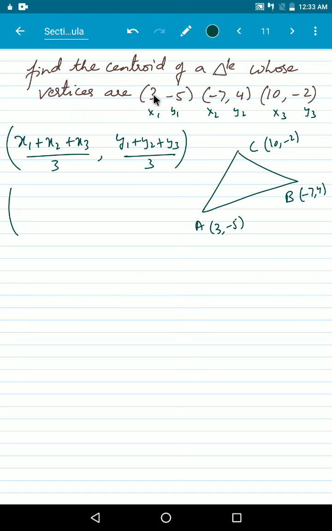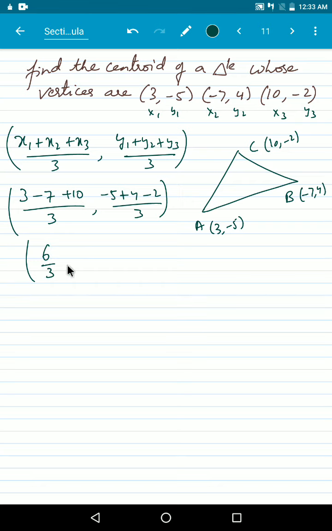So add all the x values: 3 plus minus 7 plus 10, by 3, and minus 5 plus 4 minus 2, divided by 3. So 3 minus 7 is minus 4. Minus 4 plus 10 is 6.